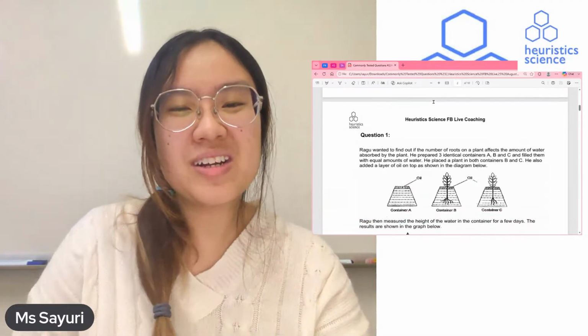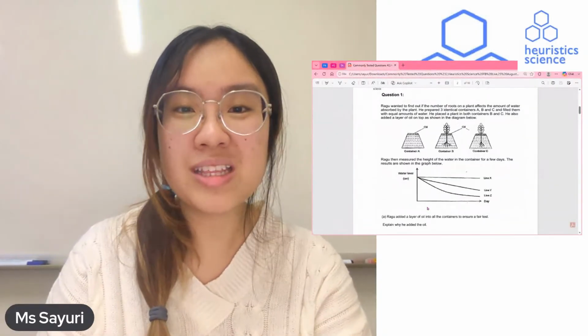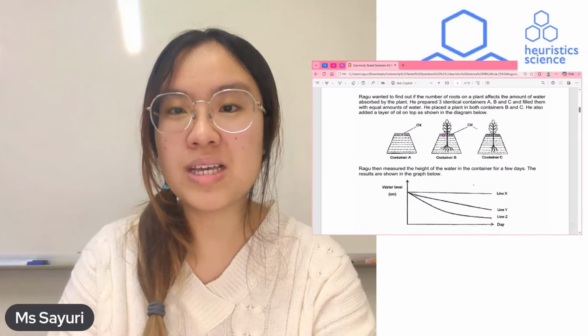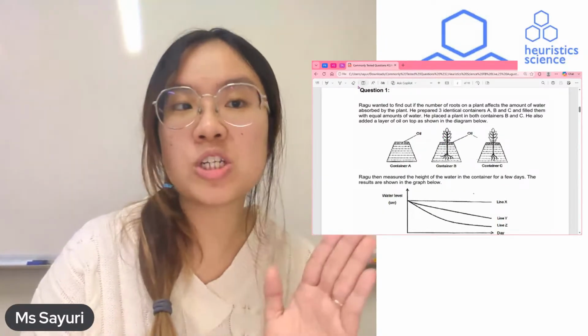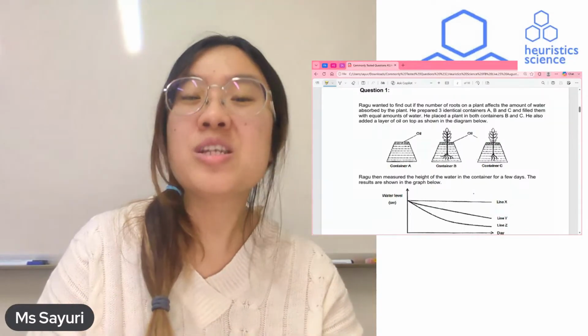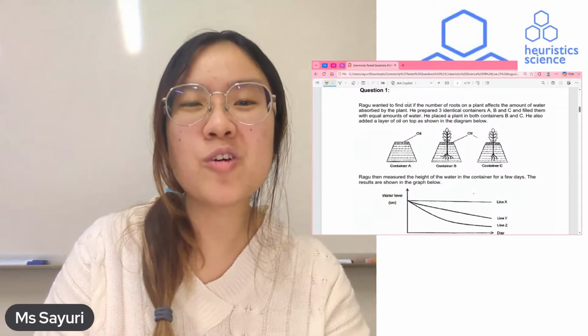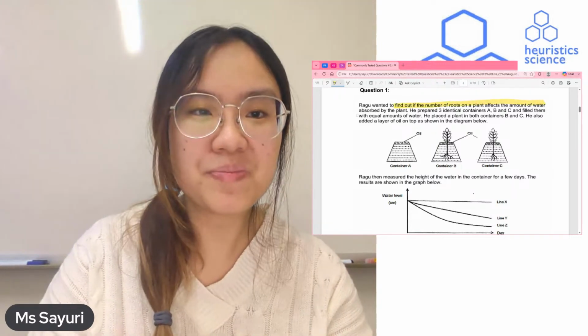Let's talk about the first question. Here we have Raghu. Raghu wanted to find out if the number of roots on the plant affects the amount of water absorbed by the plant. Standard question, you have seen this forever. It is even in P3, and most of the time in P4. Here, the amount of roots, we are going to highlight.